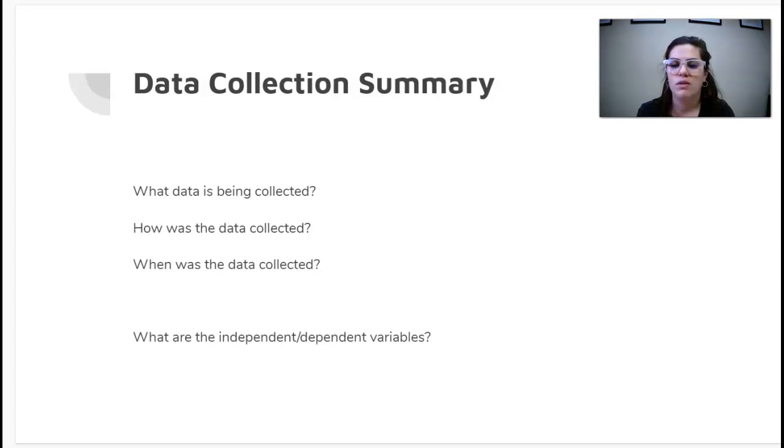So you want to look at the research question, and especially with this review study that you guys are working on, you want to look at these researchers' current study's research question, and what are the independent and dependent variables.